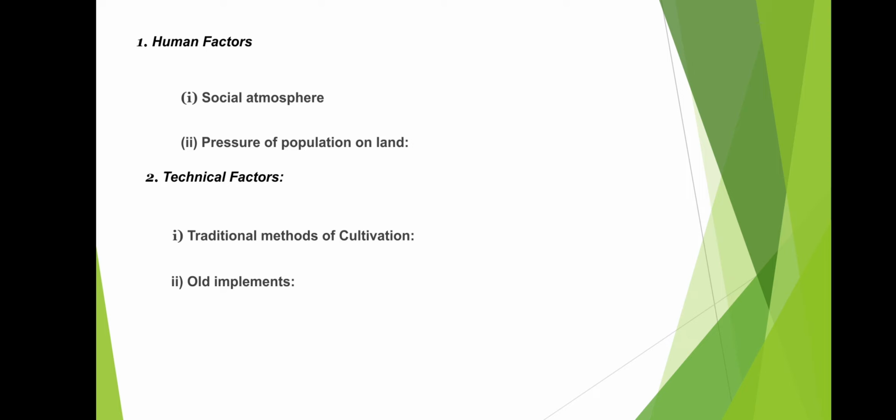Under that, the first one is the social atmosphere. Basically in India, what we find is the Indian farmer is illiterate as well as poor. These farmers are not aware of the modern technology of cultivation.